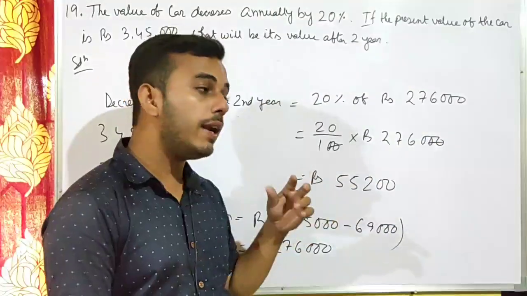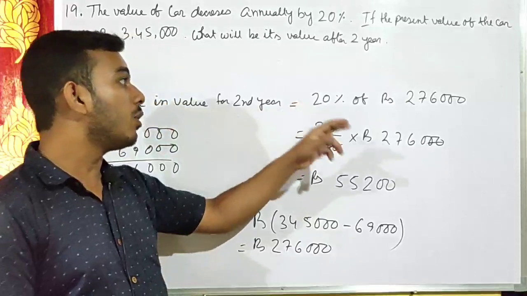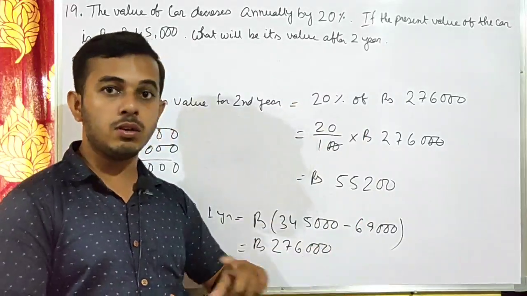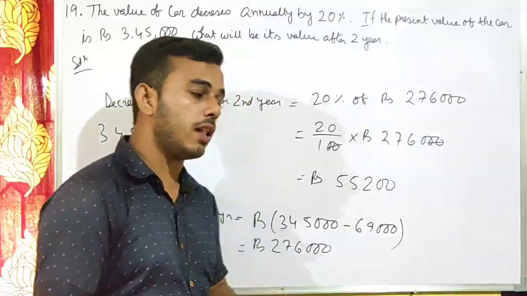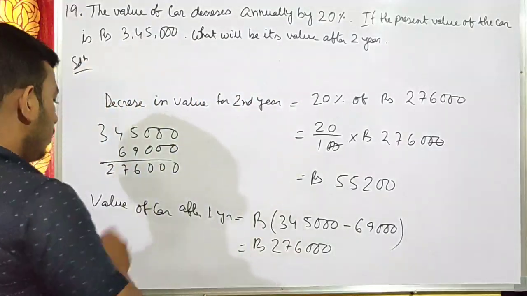Okay, understood? Then do not directly take 20% of 3,45,000 again and multiply by 2. Understood? This is percentage, nothing else.